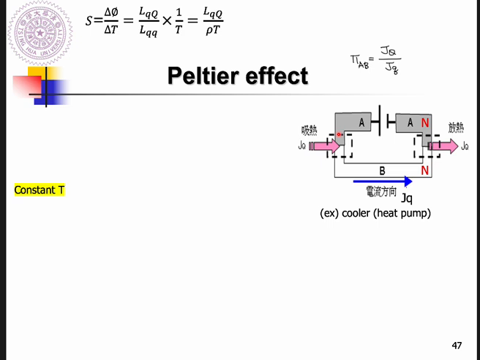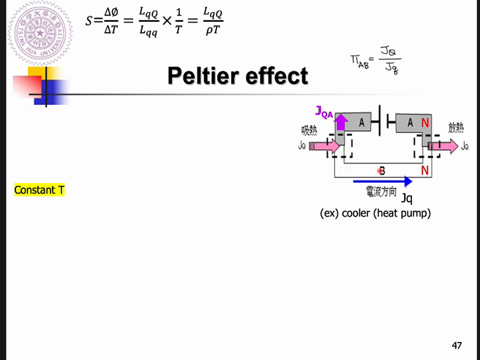In order to analyze the direction of the heat flow, we need to know the direction of the major carrier, but it's N-type. So the current goes downward, so electrons will go upward, and electrons will carry the heat, right? So the heat, JQA, will be upward.